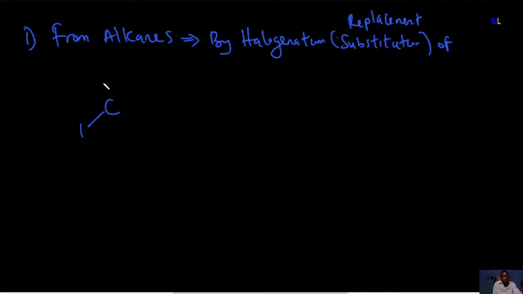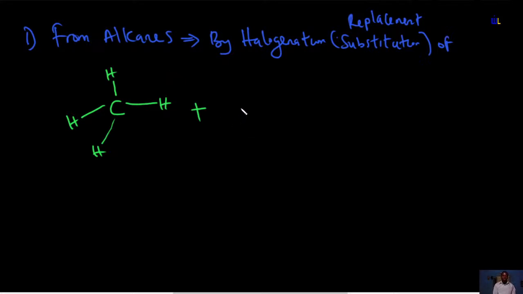Where you have one carbon attached to 4 different hydrogens, this is 1, 2, 3, 4. And now, the first thing I would like you to note is that halogenation is a reaction in which you substitute a halogen for hydrogen in an alkane.